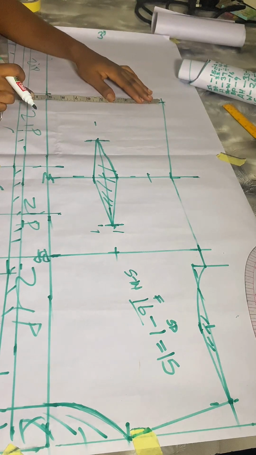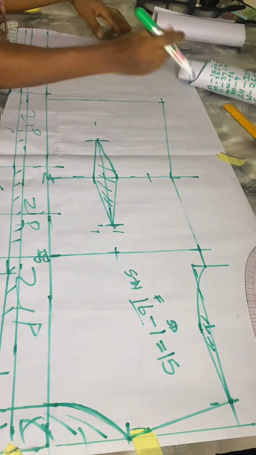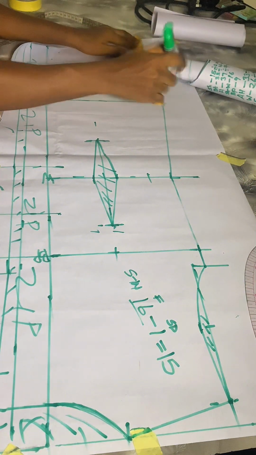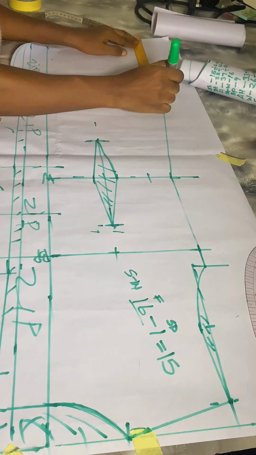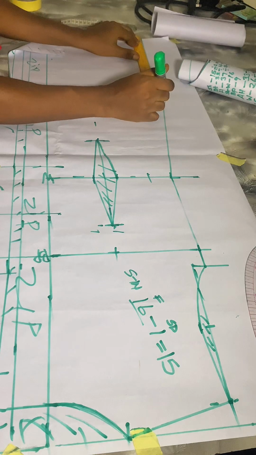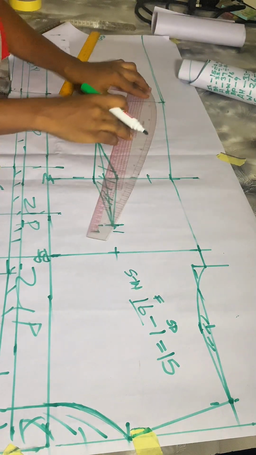The same thing we did for the back edge, 9.2. I'm going to measure the 9.2 here. I'm going to measure it there. And I'm going to copy it.